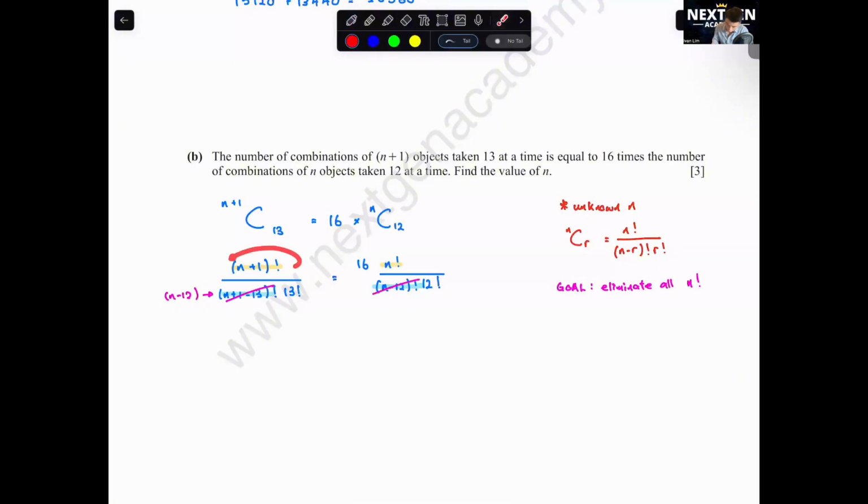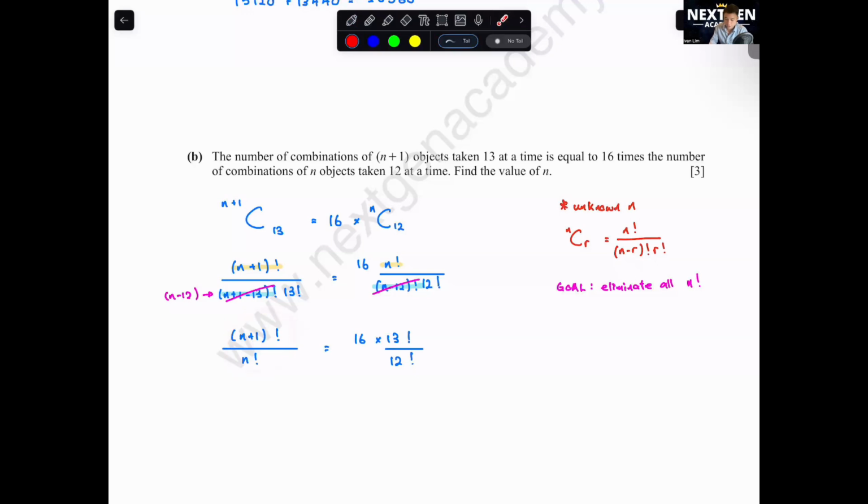Okay, what do I need to do with these two? This is what I will do to make it easier to see. I bring these two onto one side, then all the other terms I bring to the right-hand side. Okay, n plus 1 factorial over n factorial equals 16 times 13 factorial over 12 factorial.